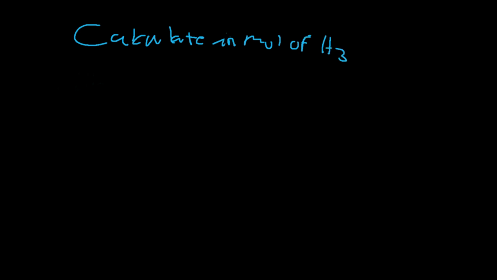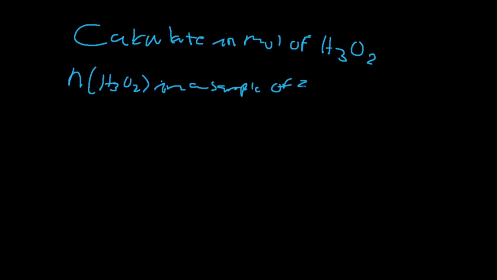What the question was, is that it asked to calculate in mole the amount of H3O2, so that's going to represent the n of H3O2, in a sample of 2 times 10 to the 23. That was the question itself.